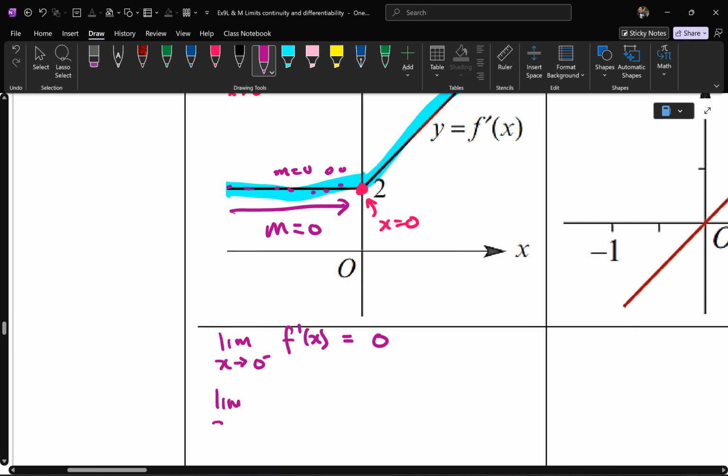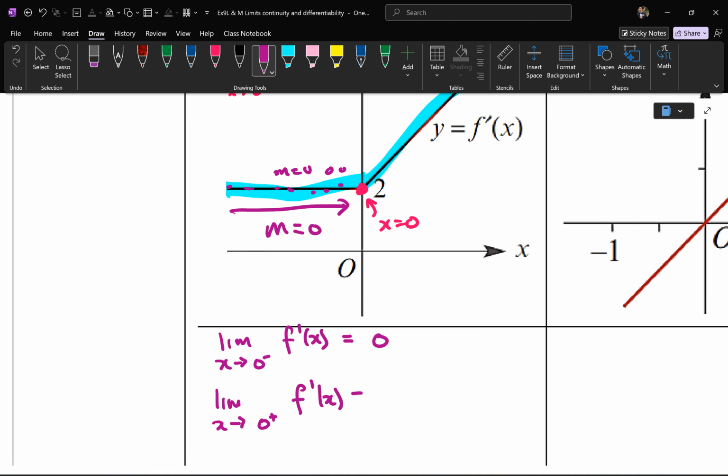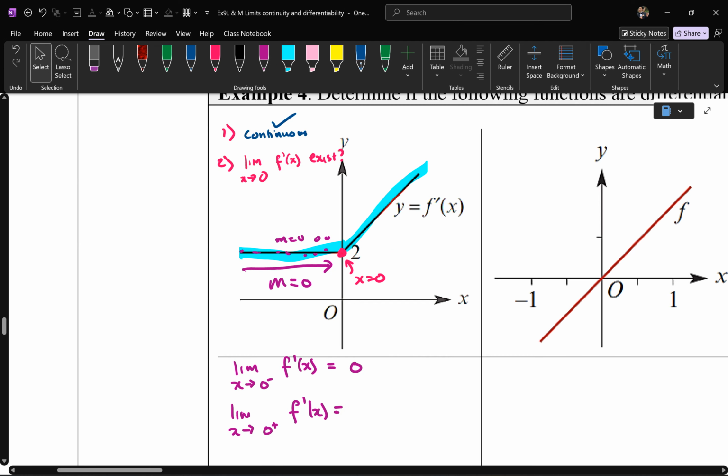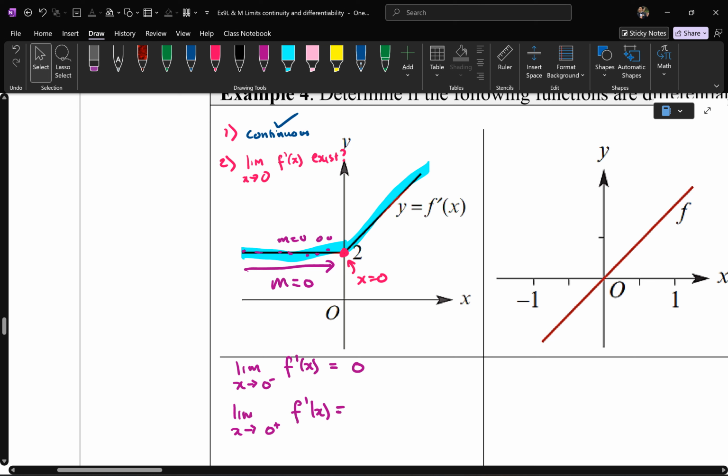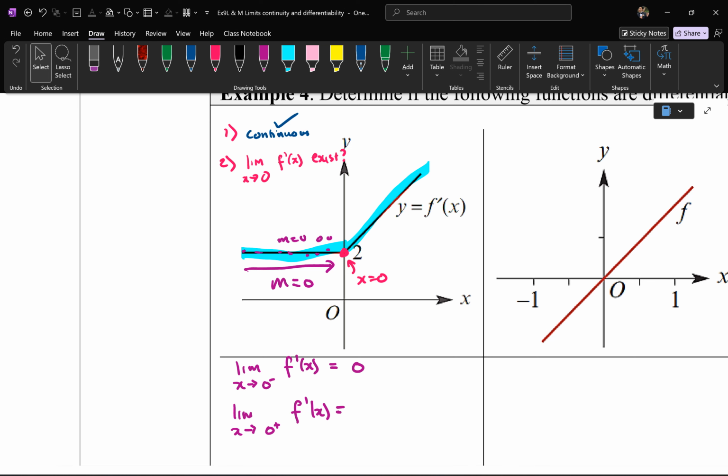Well, what about the limit of x approaching 0 from the right? What's the gradient tending towards? Not the y values, check the gradients. What's the gradient in this case here? Some constant, but we know it's positive or negative, right? So what's this case? Positive or negative? It's positive, clearly not 0.